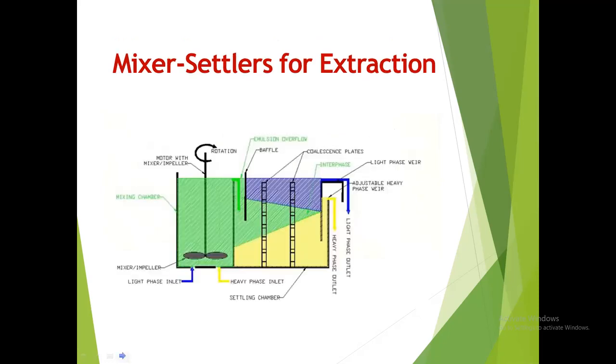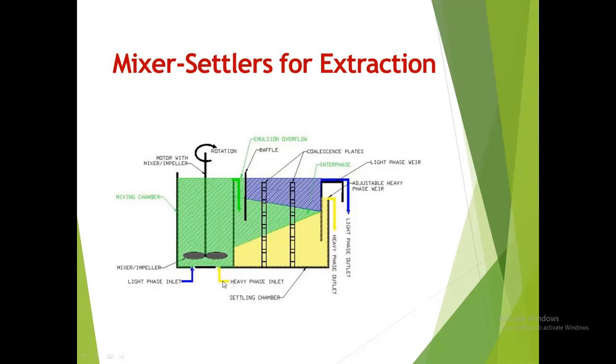I have taken this from the web to illustrate how the light phase and the heavy phase streams are equilibrated, mixed, and homogenized in this part of your mixer settler. The heavy phase is the feed. The light phase is the solvent. Other books use other terms referring to the phases that are contacted in extraction.